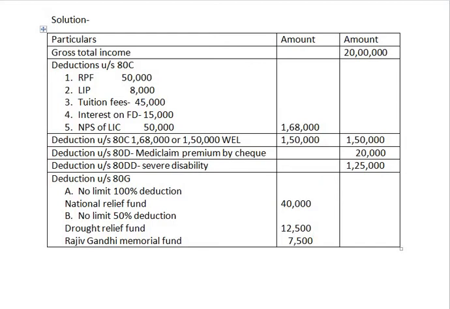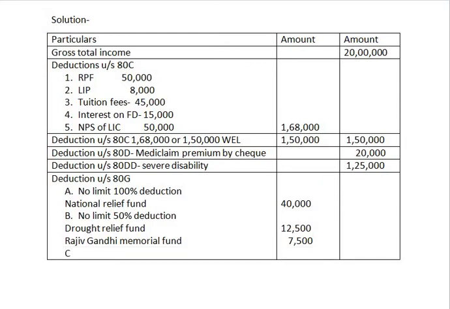Now coming to next, C, that is with limit donations or deductions.